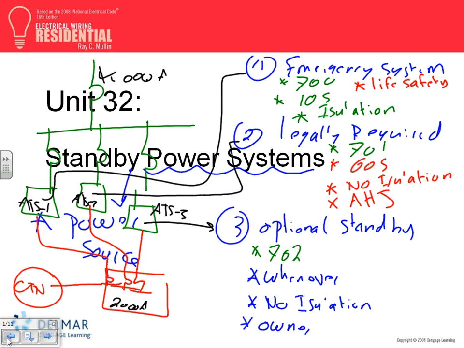Each one of these: transfer switch 1 feeds emergency, 2 feeds legally required, and 3 feeds optional. That's as complicated, honestly, as you're going to encounter when you have a generator. The same generator is feeding, through different auto transfer switches, the emergency system, the legally required system, and the optional system.